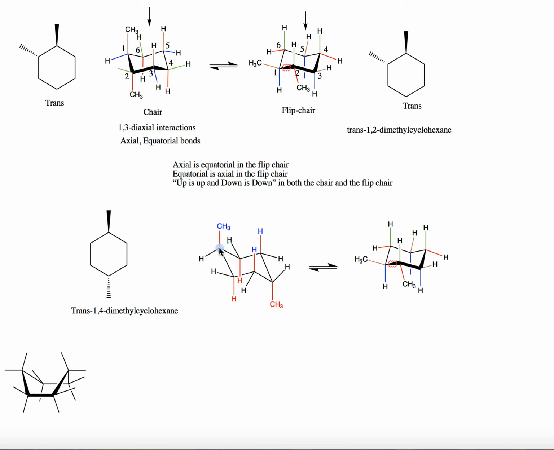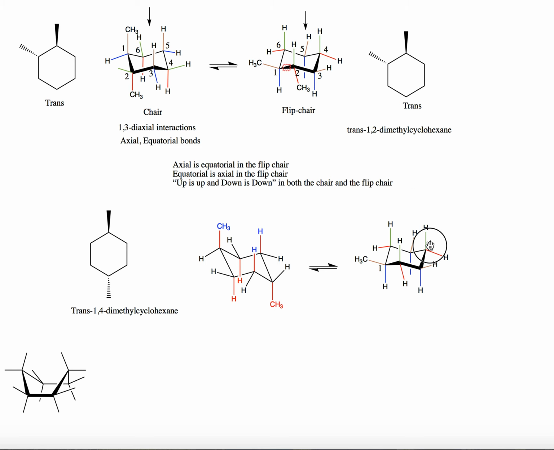So in carbon 1, the methyl was initially axial. In carbon 1, it must be equatorial. And then in carbon 4, so this is carbon 1, 2, I'm going to just place the number here. Carbon 1 is here. And then carbon 4 is here.